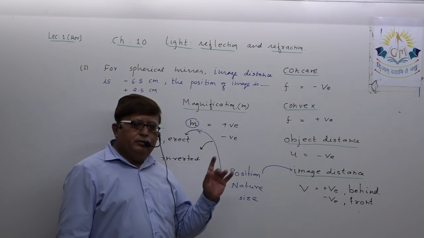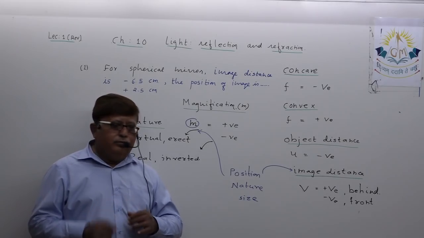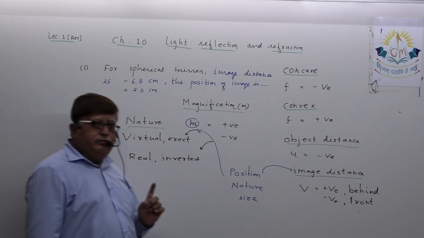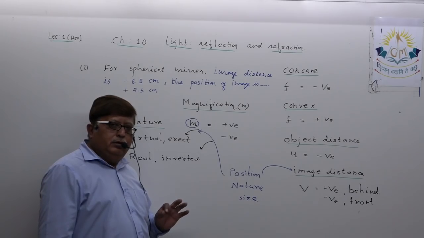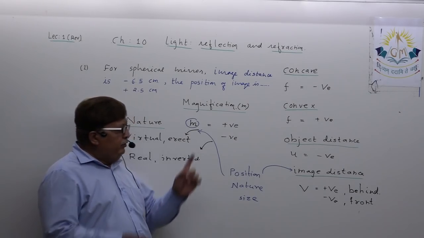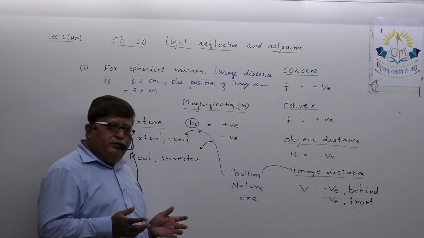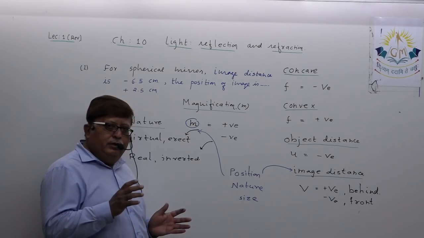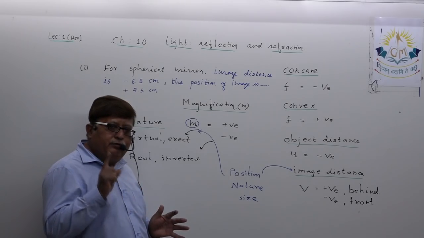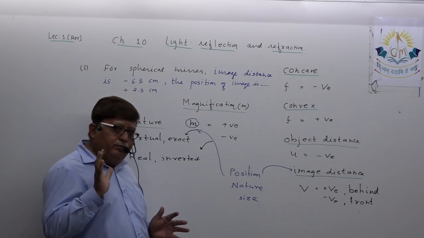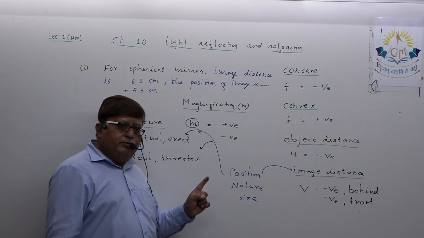Concave mirror, focal length is always negative. Convex mirror, focal length is always positive. Object distance, either mirror, concave or convex, is always negative. Next, image distance.